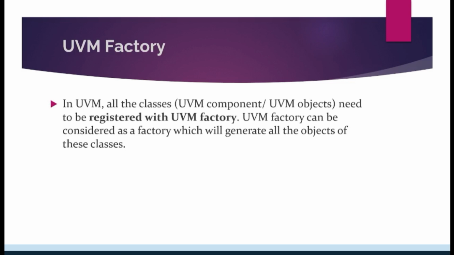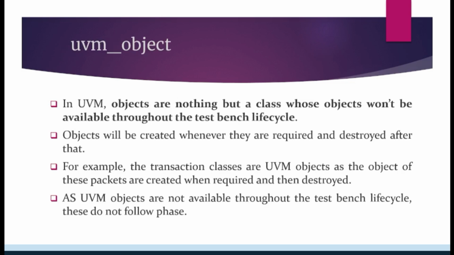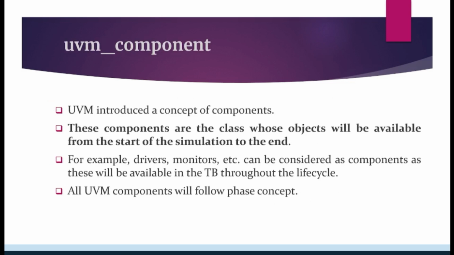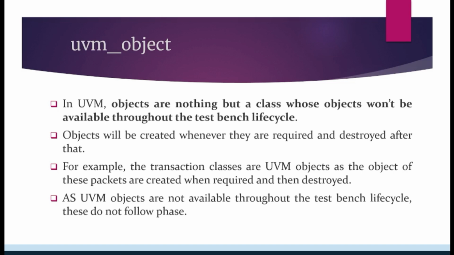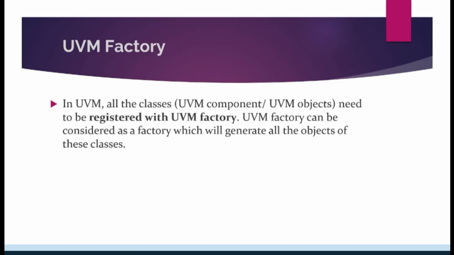Now, both UVM object and UVM component are nothing but classes, right? You already know what classes are in SystemVerilog. Classes require objects, is it or not? So these objects need to be created.